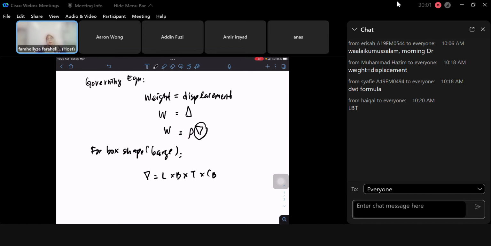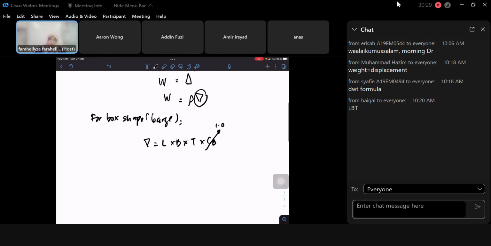So this is in naval architecture, so L times B times T times CB, the block coefficient. But basically volume is L times B times T. Since this is naval architecture, we have that CB, which is representing the shape of the hull form. But in our case, since it's a box shape, CB is equal to 1.0, right?